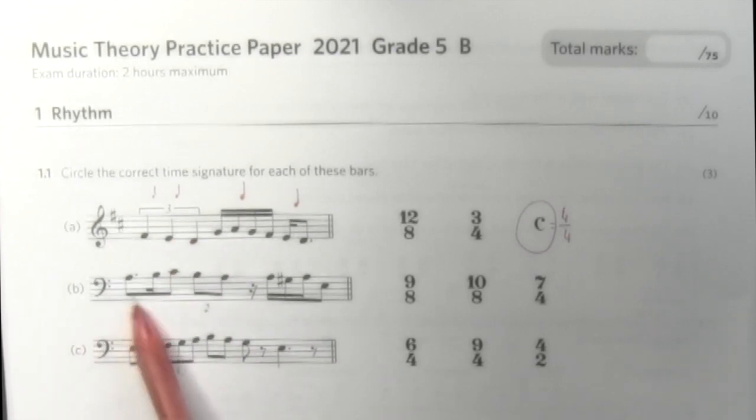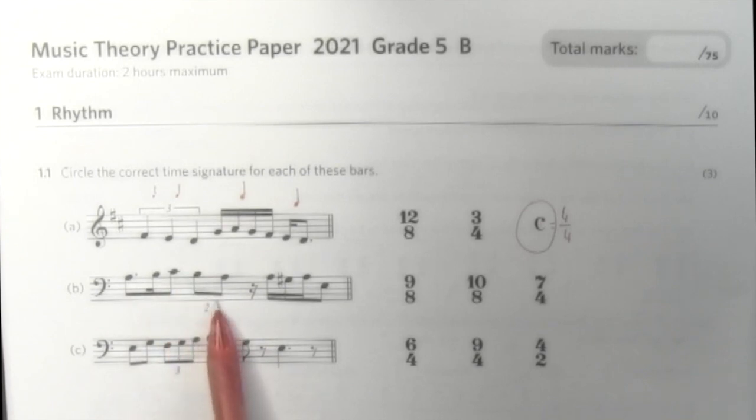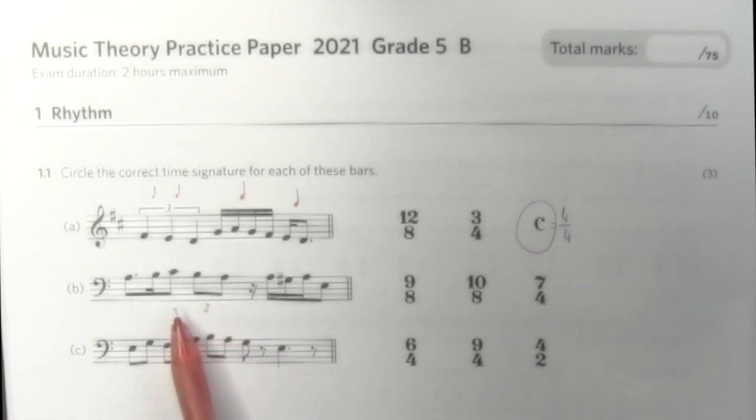The next one is clearly a compound time for the reason that I said above. We have 3 quavers together. This is the equivalent of 3 quavers, and we have 2 quavers in the space of 3. We know this because we have a small 2 here that tells us that this is an irregular amount of notes. So we have 3 chairs this time, and we make 2 people sit.